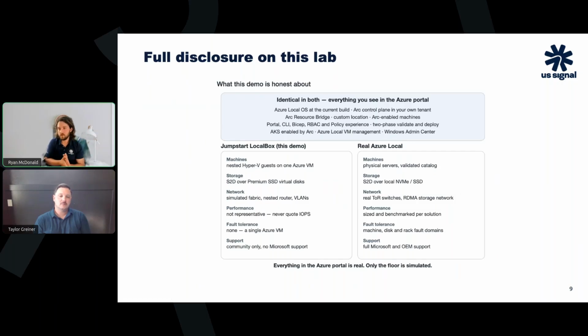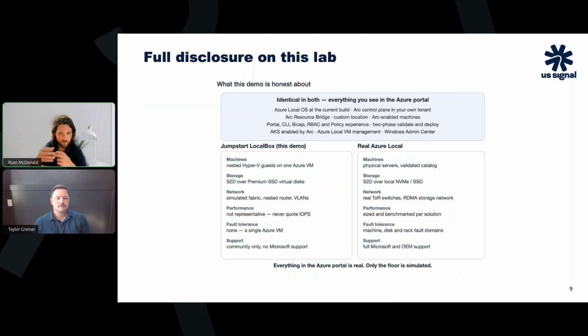Yeah. So today, we couldn't quite get hardware figured out in time. So we have what is called, and this is Microsoft driven, Microsoft written on their site, so I'll send a link out if you're wanting to test this out, it's called Jumpstart Local Box. Doing a comparison here, I've got an Azure VM that's got 2 nested Hyper-V guests on it.